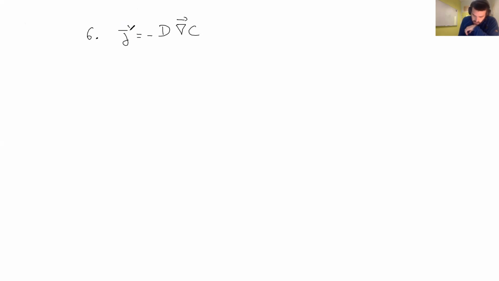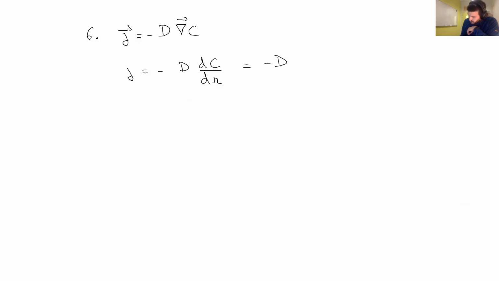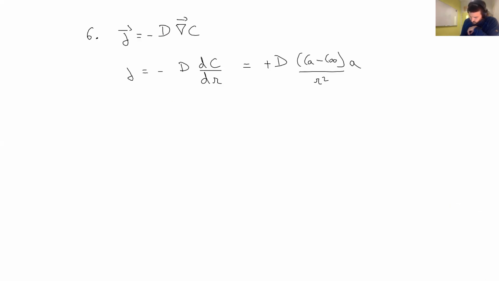All right. And so I'm in radial coordinates, and so I'm just writing this like that, which is provided by the law I just obtained. So there is a minus (C_A minus C infinity) over R squared times A. And it is positive.